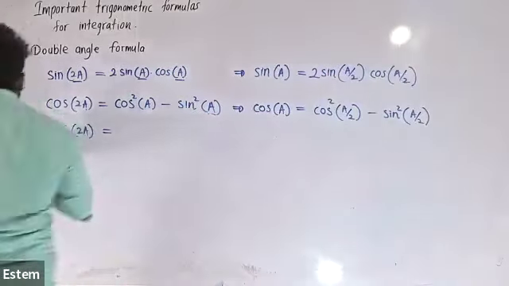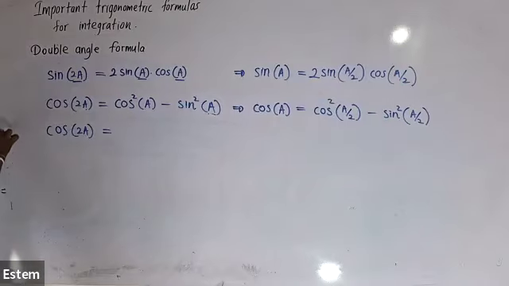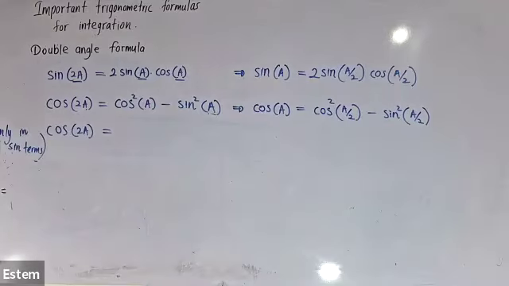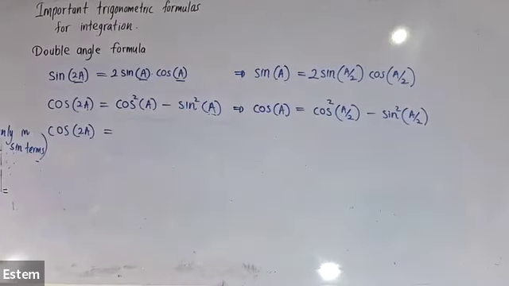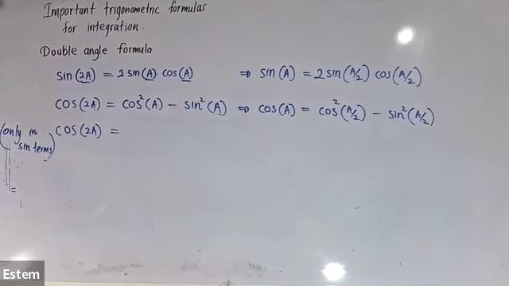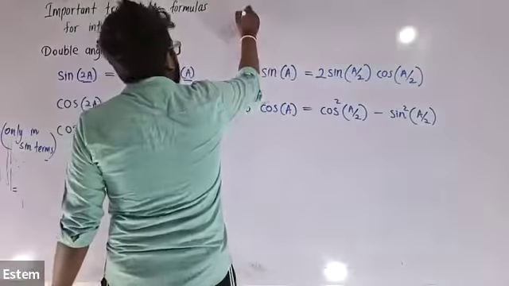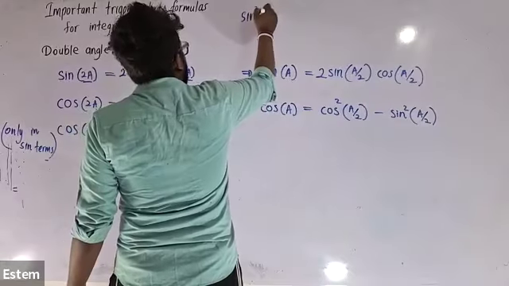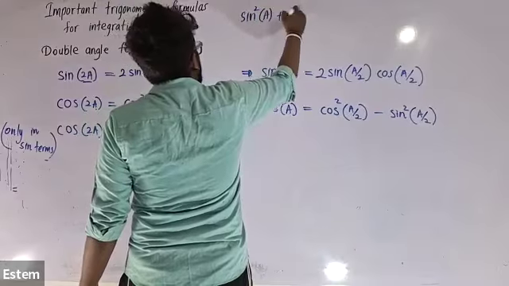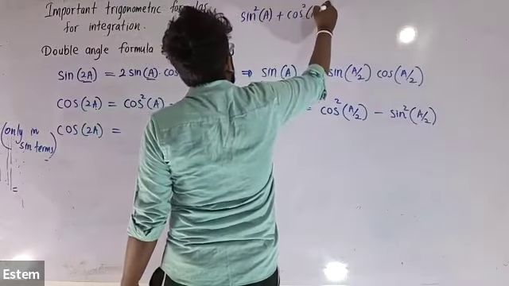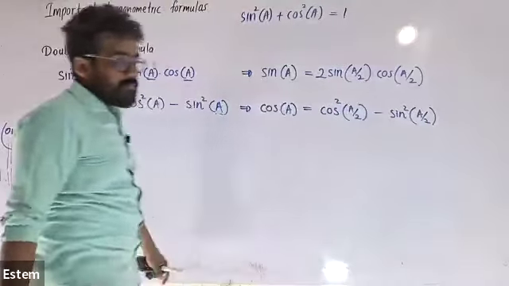How do we express it only in sine terms? Can you remember the Pythagorean identity? Sin squared a plus cos squared a is 1.